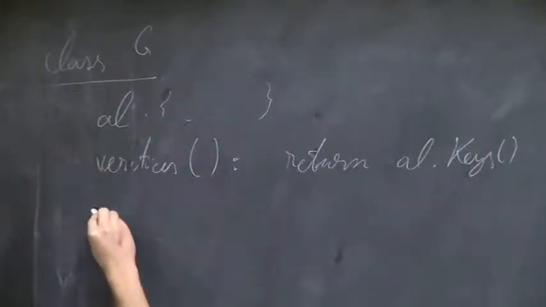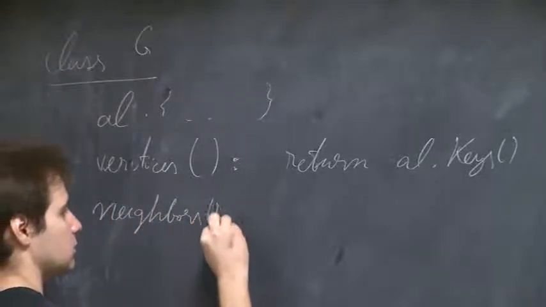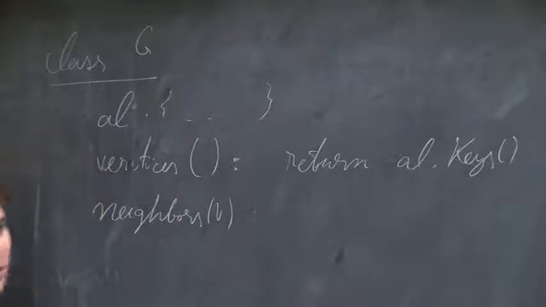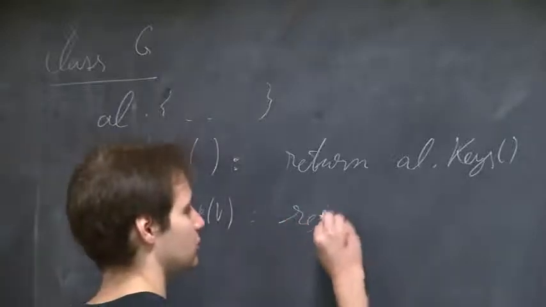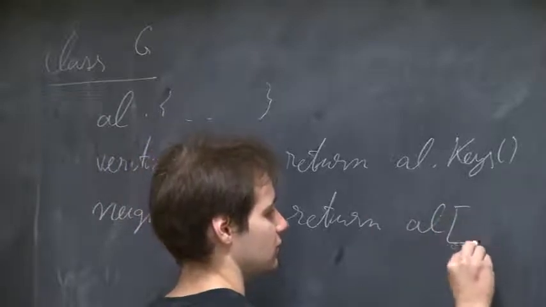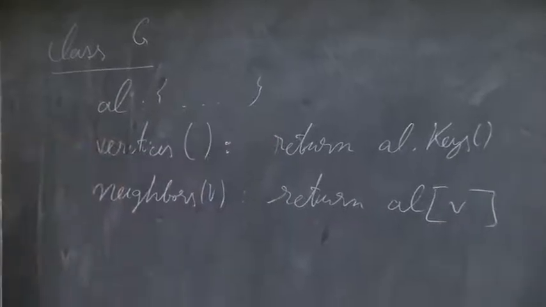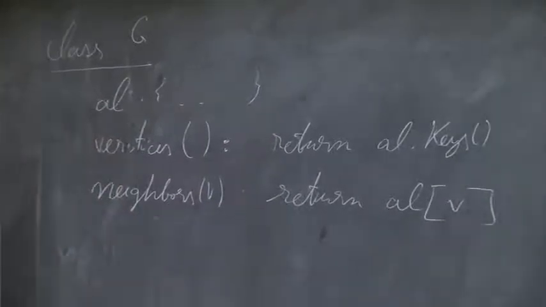Now, given a vertex, I want its neighbors. How do I write that? You mean only the vertices that it can go to? Yep. Oh, okay. Yeah, dictionary of that vertex. So return dictionary AL bracket vertex B. Cool. Okay, so this makes sense for everyone, right?